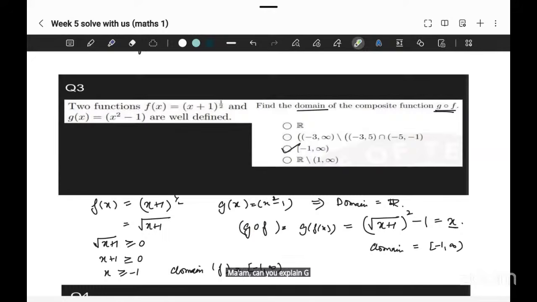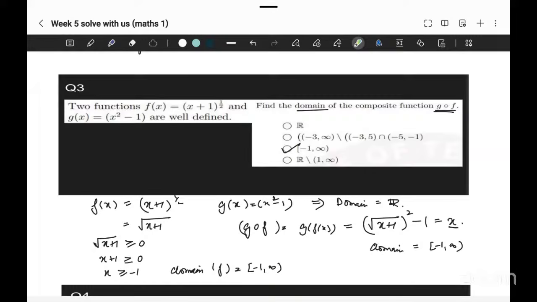Ma'am, can you explain the g of f part again, the second half? See, what is g of f? g of f means g of f(x), correct?